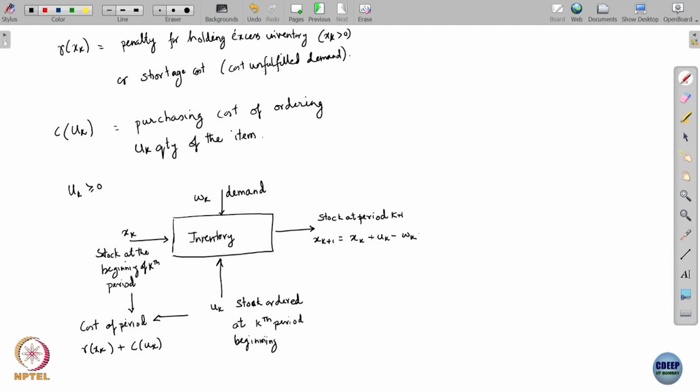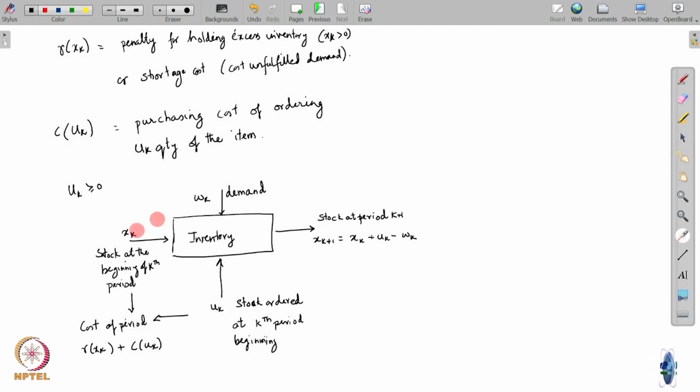Remember once again that u k has to be chosen without knowing this w k. Although these arrows are all pointing in at the inventory system, u k has to be chosen based on x k and the past w k's, not as a function of this w k.